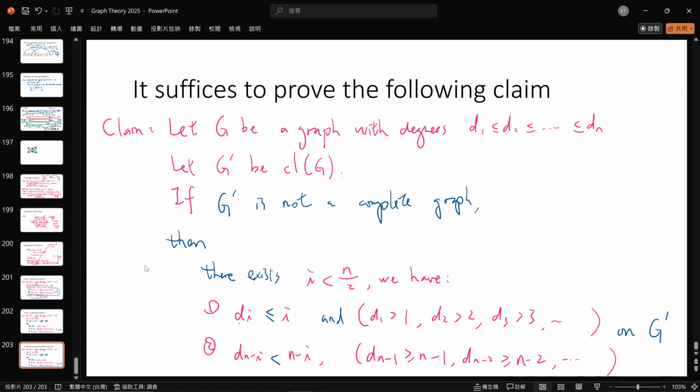The only difference is that now I consider the degrees on the closure, not the original graph. This is not not-P, it's not that relationship. Okay, no problem, let's take a break first, and everyone can think about it.